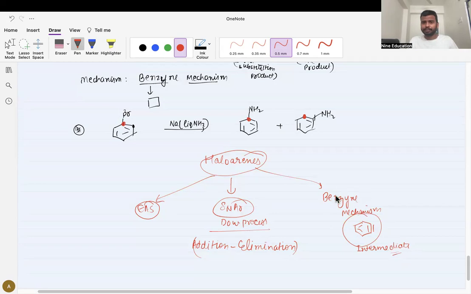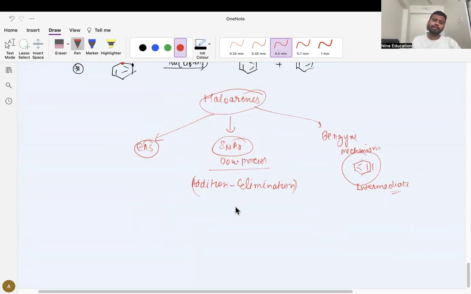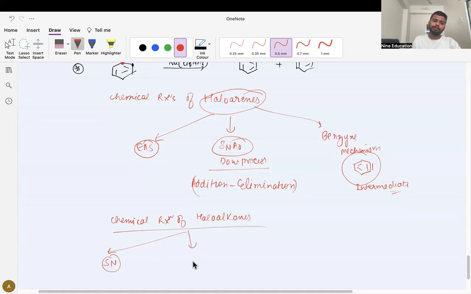Write this down. These are the chemical reactions of haloalkanes we have studied today. First was nucleophilic substitution, other was elimination, and today we studied reaction with metals.